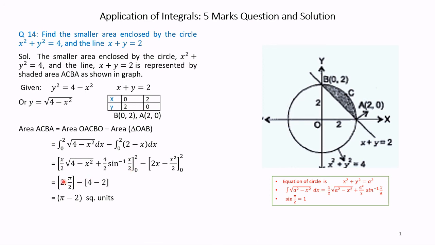So that becomes 2 into pi by 2, minus 2 into 2, 4, minus 2 square by 2, which is 4 divided by 2 is 2, so 4 minus 2. The value is simplified as pi minus 2 square units. That is the answer.